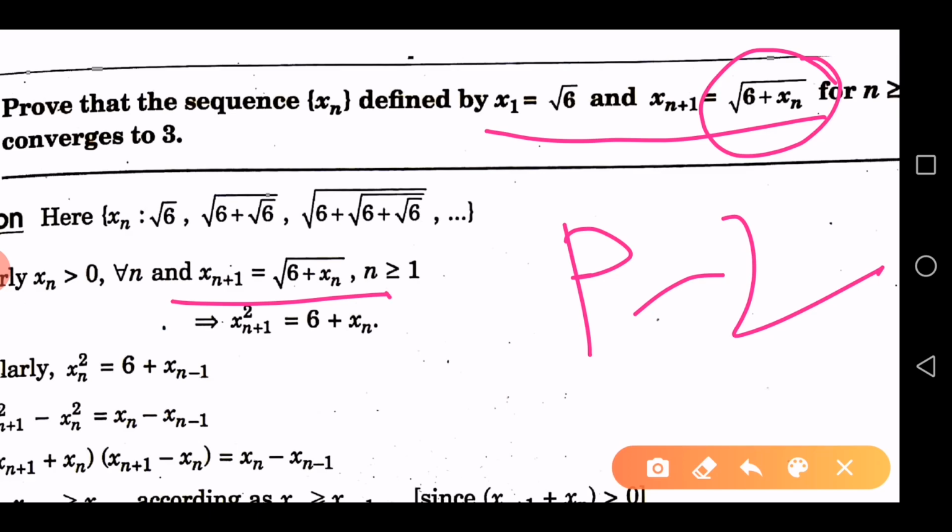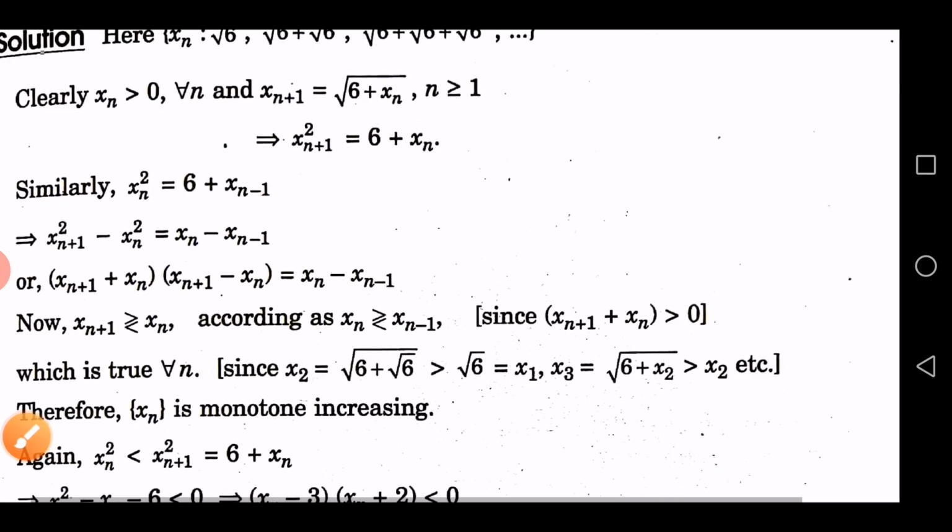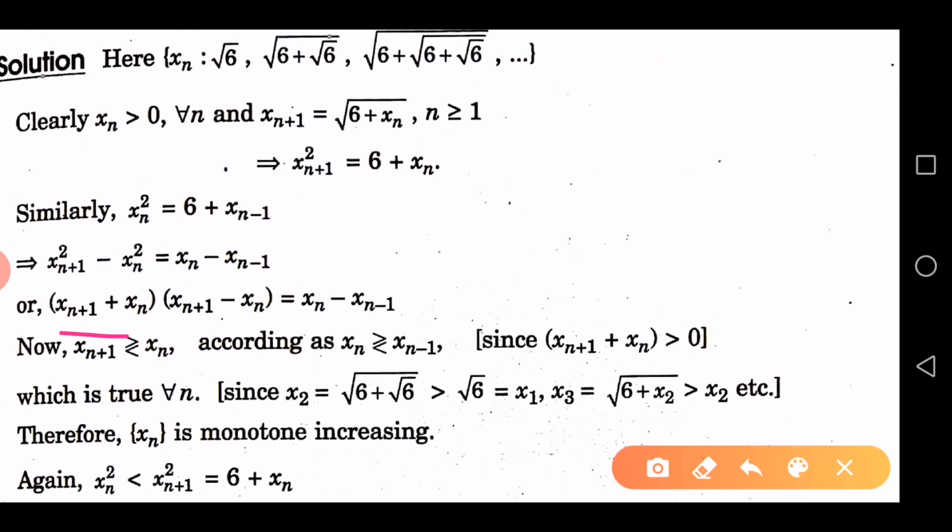So squaring, we got xn plus 1 square, thereby xn square. Then subtracting, we got this relation, and xn plus 1 will be greater than xn if xn greater than xn minus 1, that is if xn minus 1 greater than xn minus 2, and lastly x3 greater than x2, that is if x2 greater than x1.